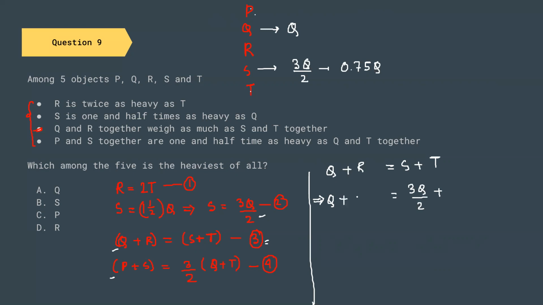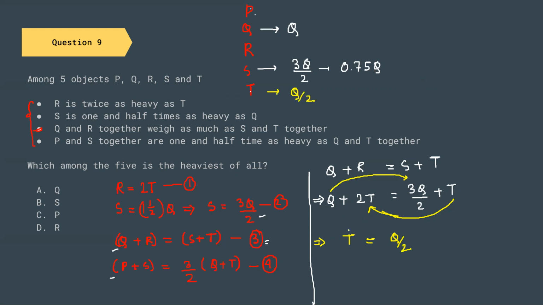So instead of R, I'm going to write 2T, and this T will become T. To keep this equation positive, we have to bring T to the left hand side, and take Q to the right hand side. So this is going to give us T = Q/2. So we have found T with respect to Q. So this is Q by 2.